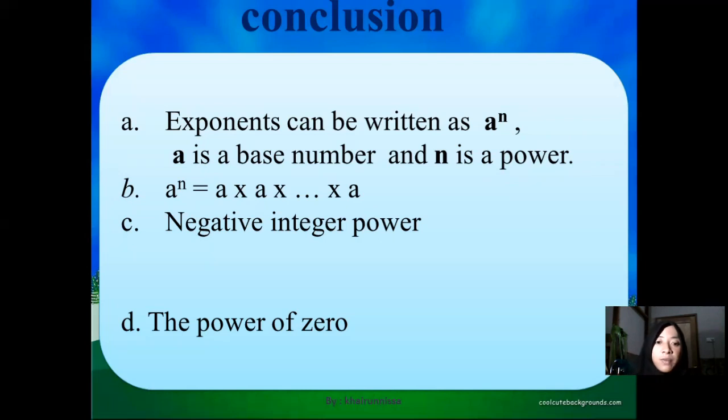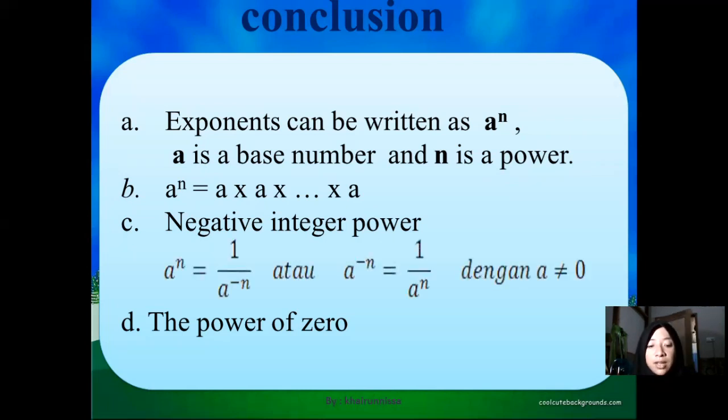C, negative integer power: a to the power of negative n equals 1 over a to the power of n, with a not equal to 0. And D, the power of 0: a to the power of 0 equals 1, with a not equal to 0.